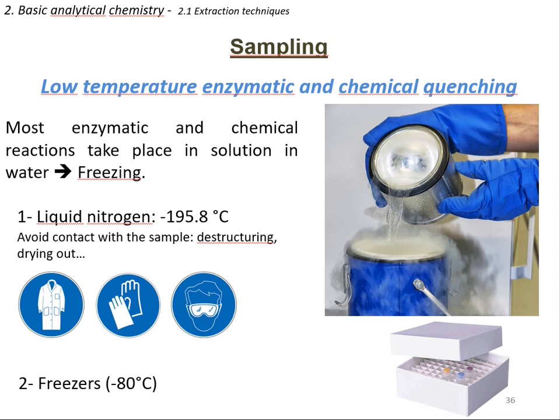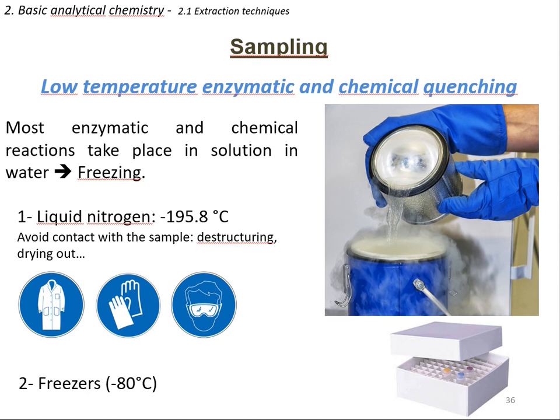So we do everything to quench the chemical and enzymatic reactions using mostly low temperature. So we use freezing techniques with liquid nitrogen. There is a lot of caution using this product to avoid injuries and also to avoid the destruction of the sample or its drying out.